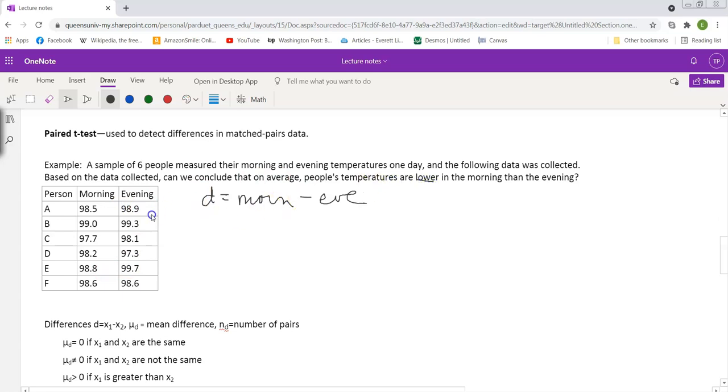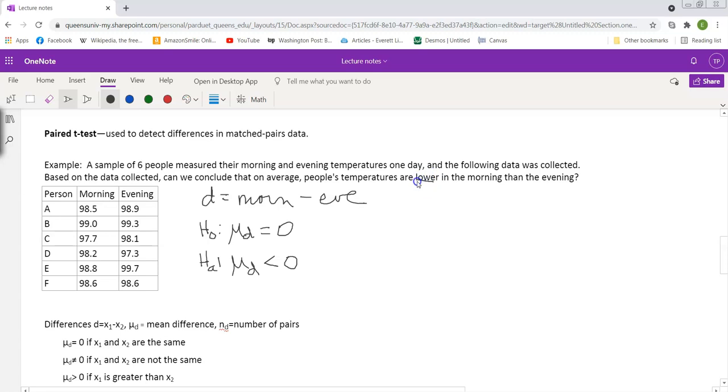And if temperatures are lower in the morning, then when we subtract, we're going to be getting a difference of less than 0, so a negative difference. So our null hypothesis is going to be that mu d equals 0, and our alternative hypothesis is that mu d is less than 0.